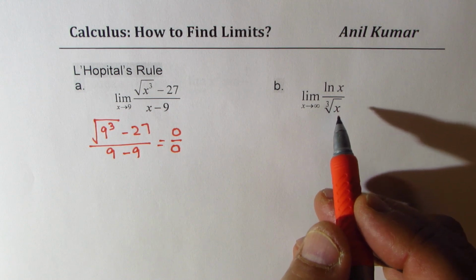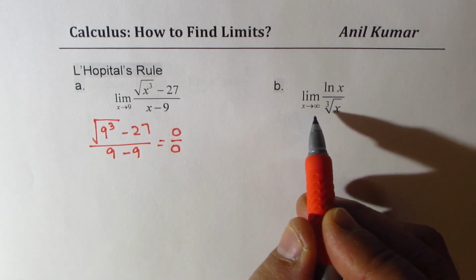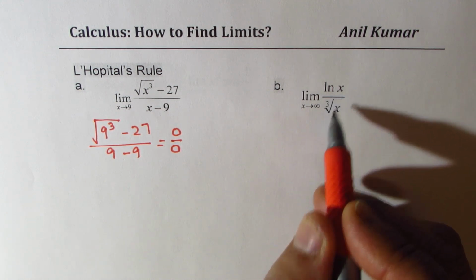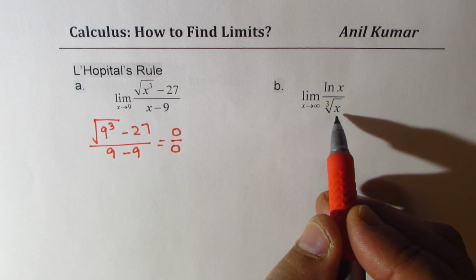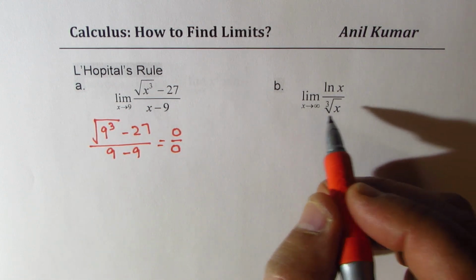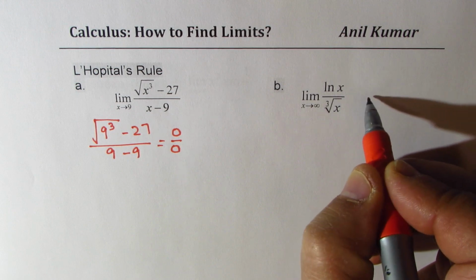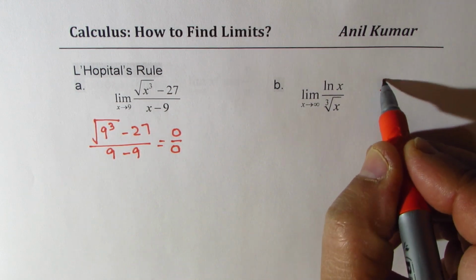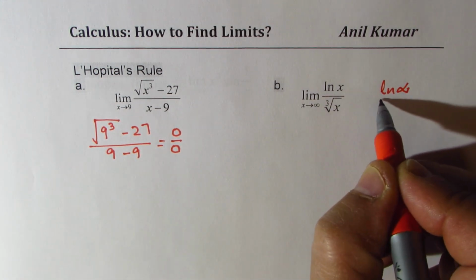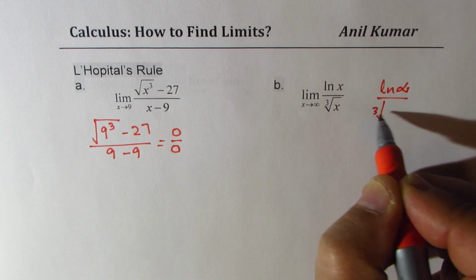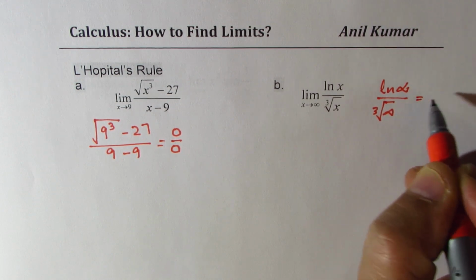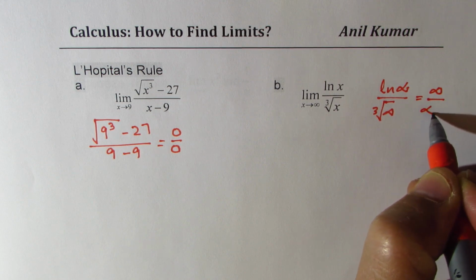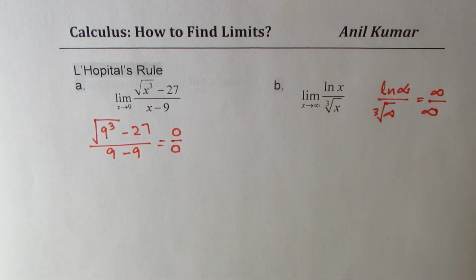In the second example, we have limit when x approaches infinity for ln x over cube root of x. Now if I substitute infinity here, then we get what? We get ln infinity over cube root of infinity, right? So this is of the form infinity over infinity. Now both of them are indeterminate quotient forms, right?